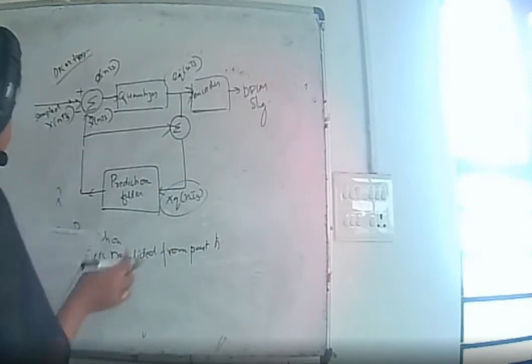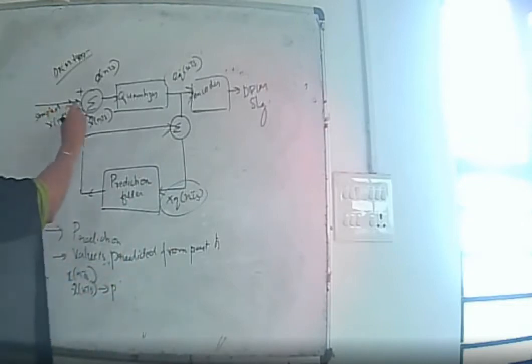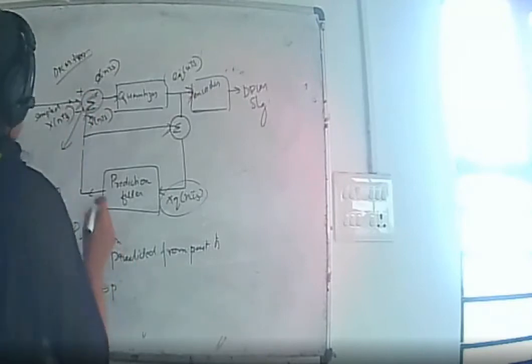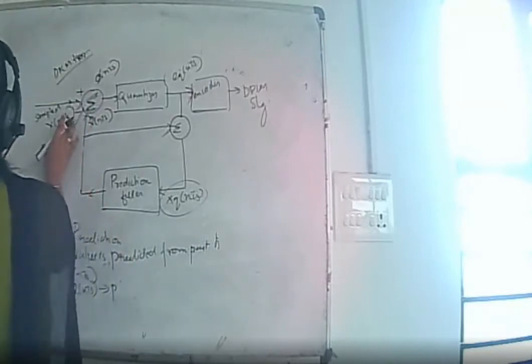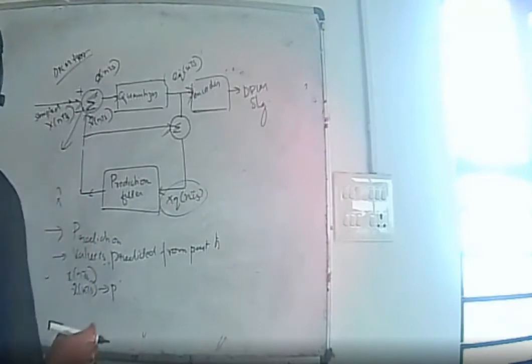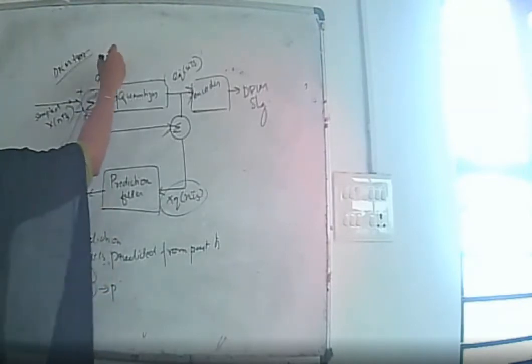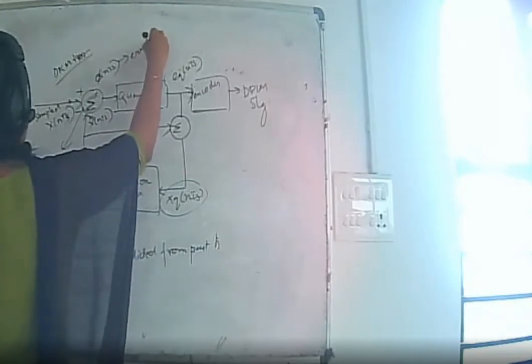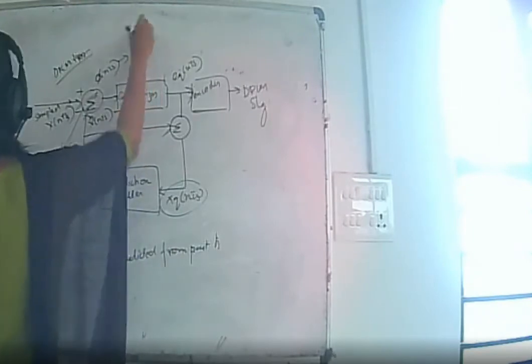Here we have a comparator. This comparator finds the difference between the sampled signal and the predicted value, which is called the prediction error e of nTs.